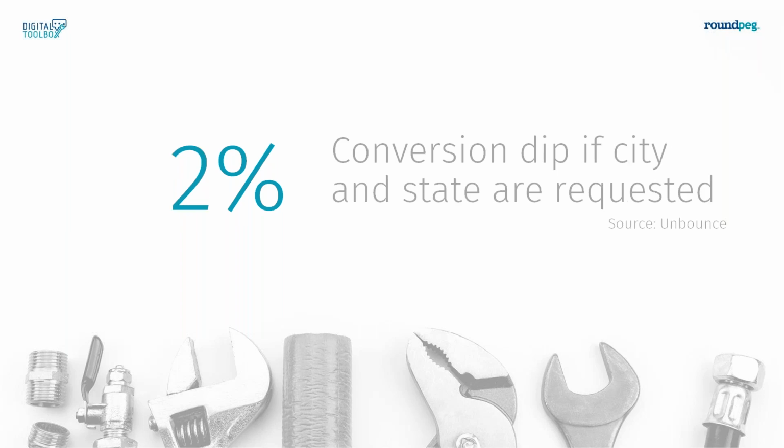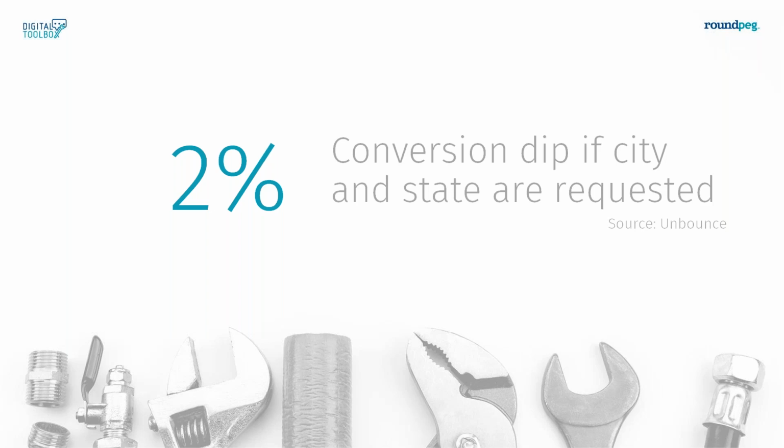You'll see a 2% dip if you ask for city and state. Now, if you are a local business and you're only going to work with local customers, maybe. But if you're not driving over to their location, don't ask for it in the first conversion form. Why? Because as that customer moves through your sales process, you're going to have repeat interactions.